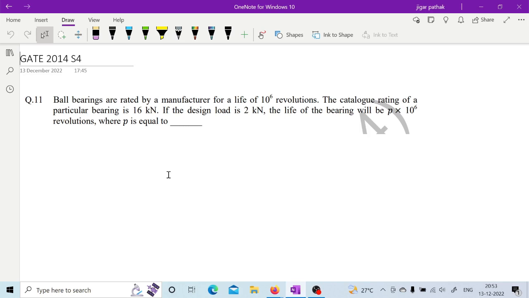So catalog rating of a particular bearing means that dynamic capacity, that C, right? That is C by P raised to N. Sir, the answer is 512.